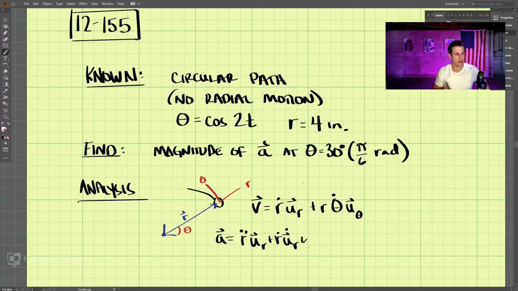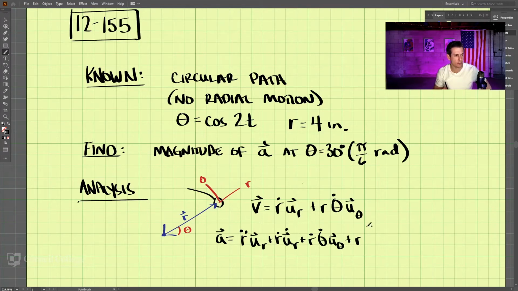Okay, so then to add on there, we need to do the same thing for the second term here, which comes out to the derivative of the first, r dot, times the second, which is theta dot u theta. And then we need to take the first, which is just r, times the derivative of the second.